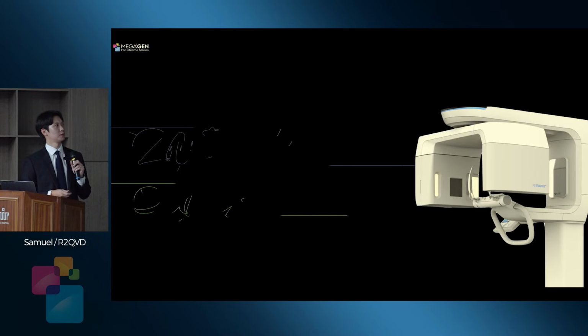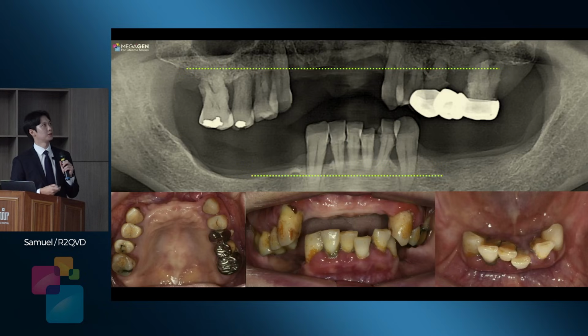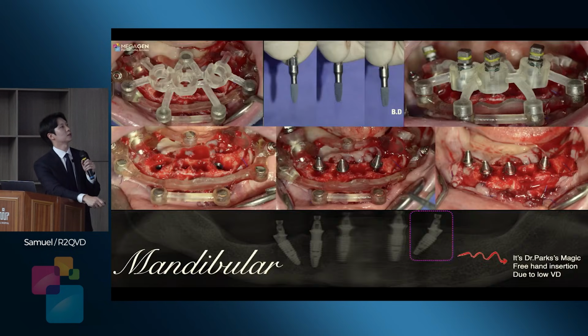Then, at the patient's second visit, we can do surgery. Yes, here is the reduction line. But nowadays we don't need reduction, right? But anyway, at the time we just tried reduction with the stackable guide, something like this.